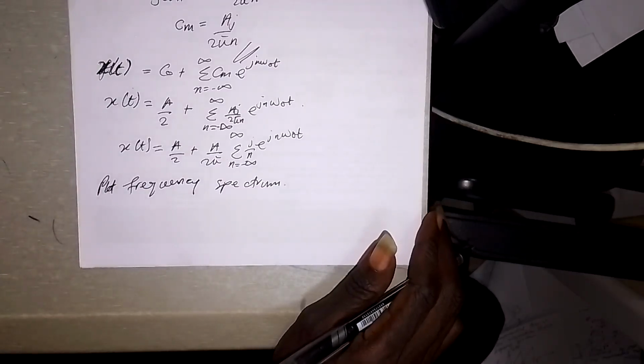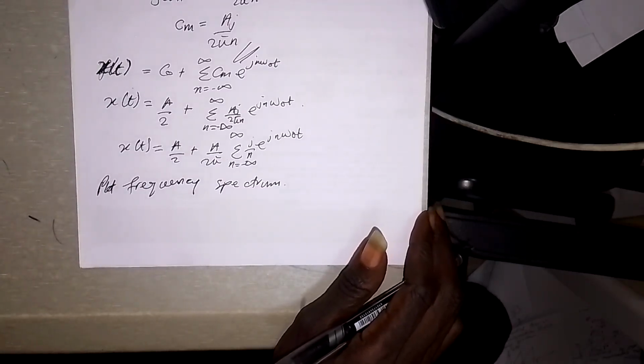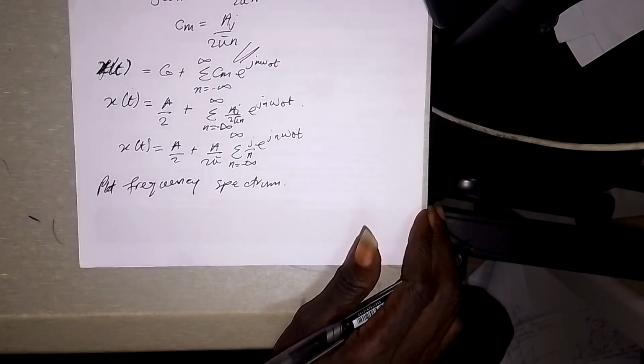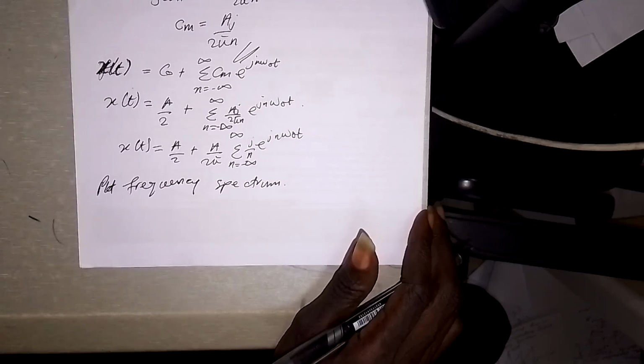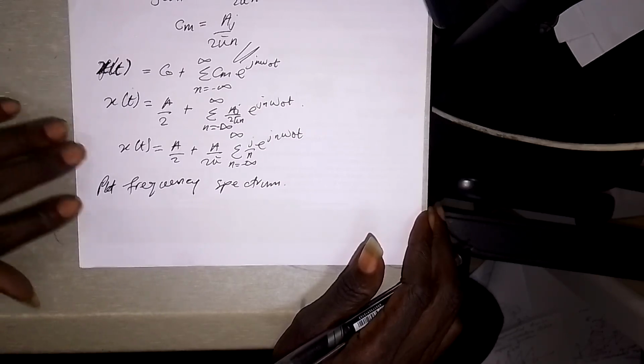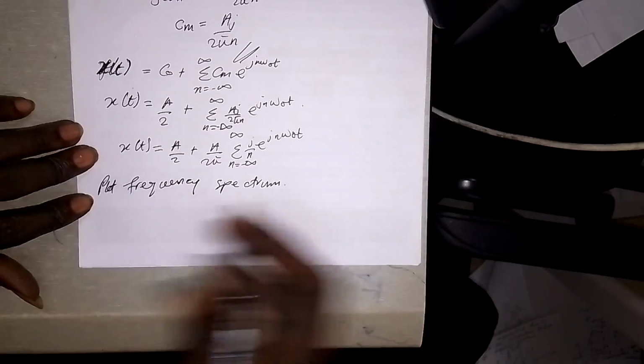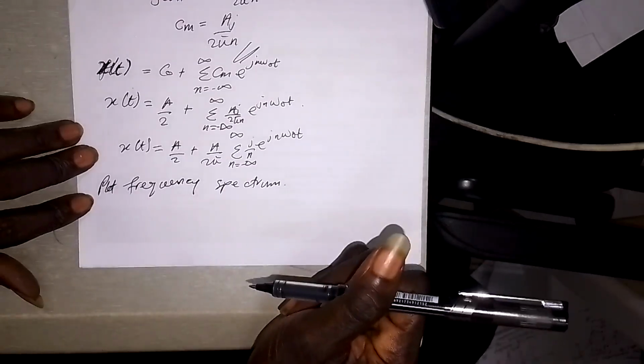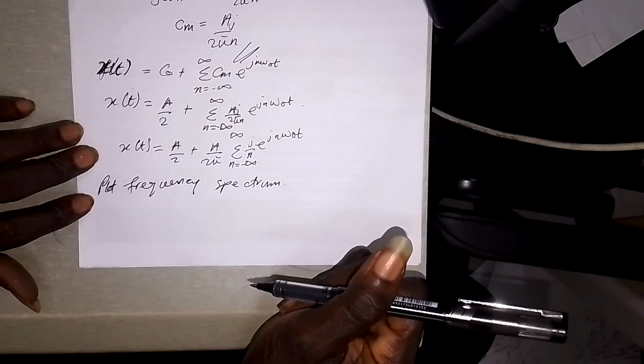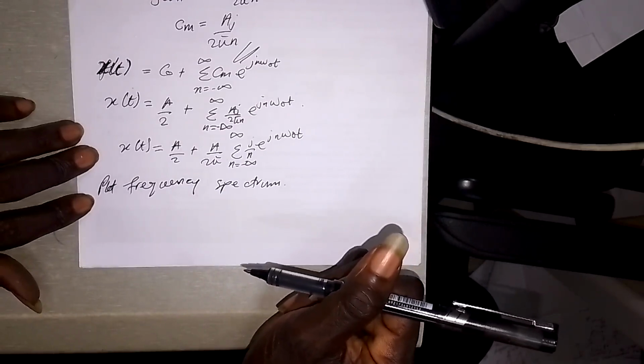So briefly, let us see how we can realize the frequency spectrum for this question that we have. Normally, what happens is that we plot the frequency spectrum for our cm component.